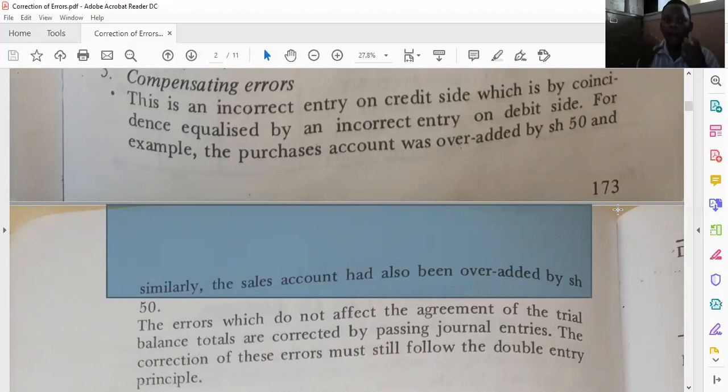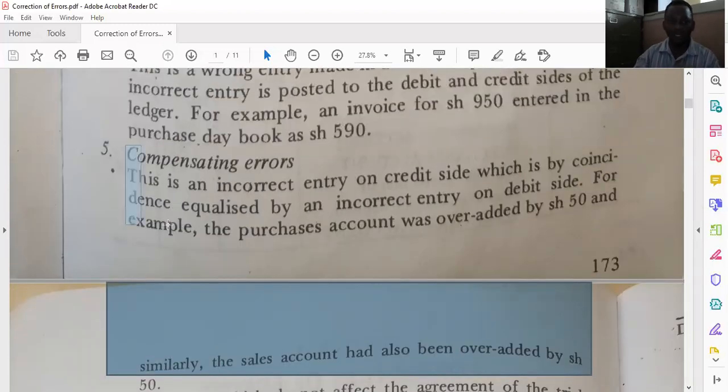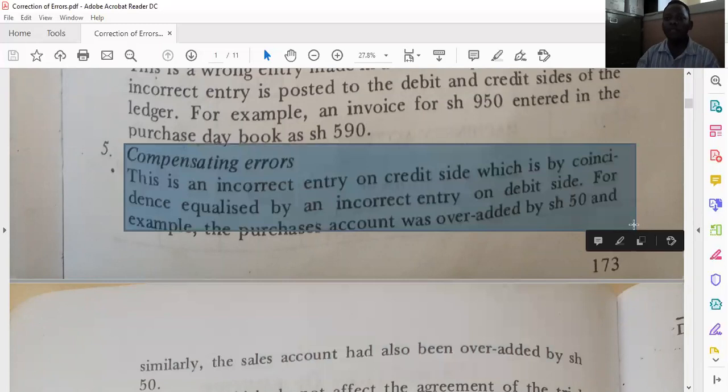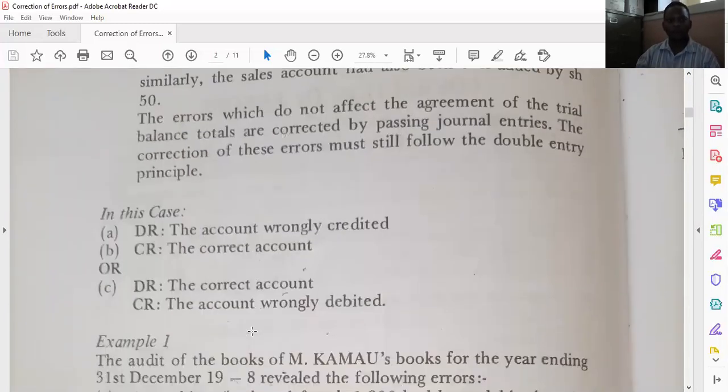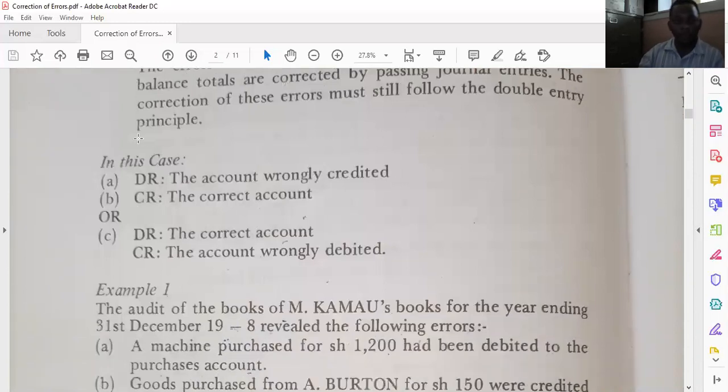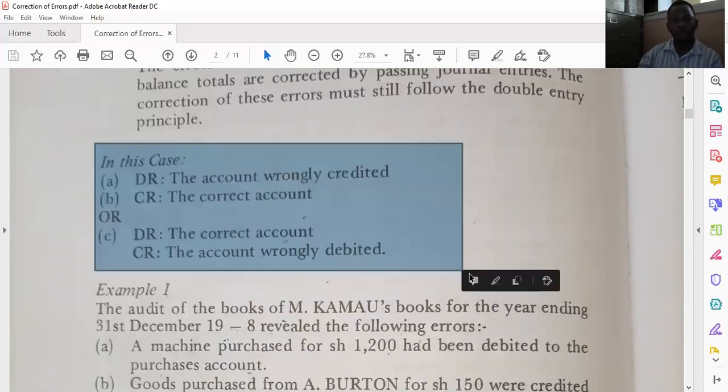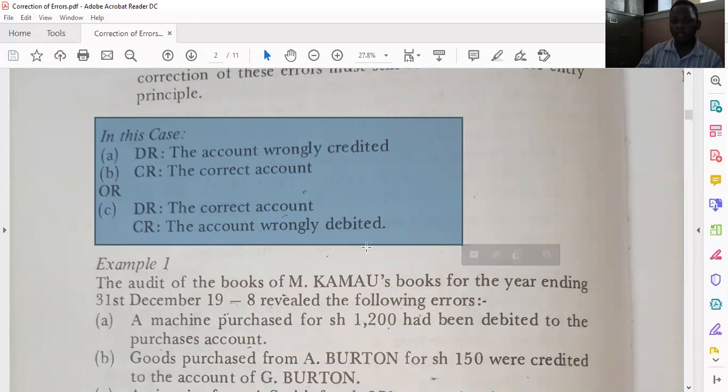So these are compensating errors, and they do not affect the trial balance, because by coincidence they compensate each other. So to correct for errors not affecting the trial balance, we debit the account that is wrongly credited, and we credit the account that is the correct account, and vice versa. You debit the correct account, you credit the account wrongly debited.